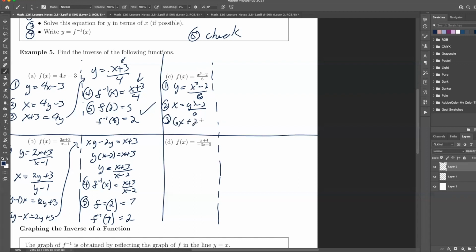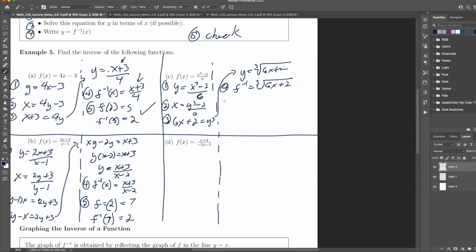I'll go ahead and move over the 2, so 6x plus 2 equals y cubed. And then we just take the cubic root of each side. So step 4 would be f inverse of x equals the cubic root of 6x plus 2.